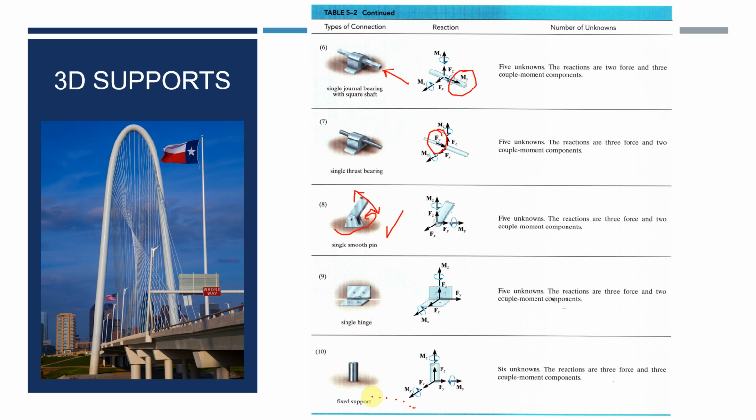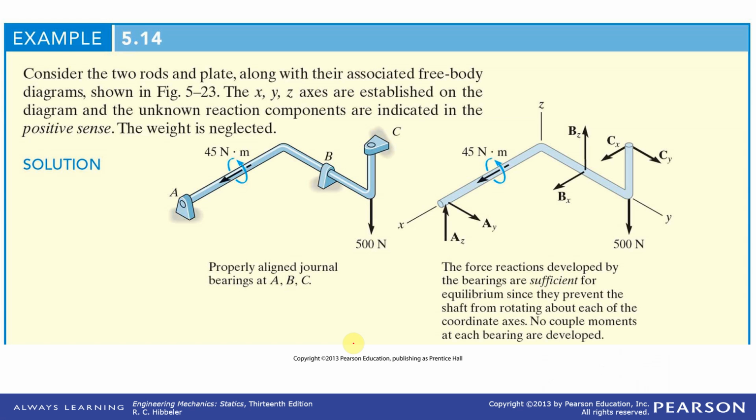Fixed support. You can have reaction. All six components of reaction forces and moments can exist with a fixed support. So we consider this, and we have bearings, and you don't have any rotation.